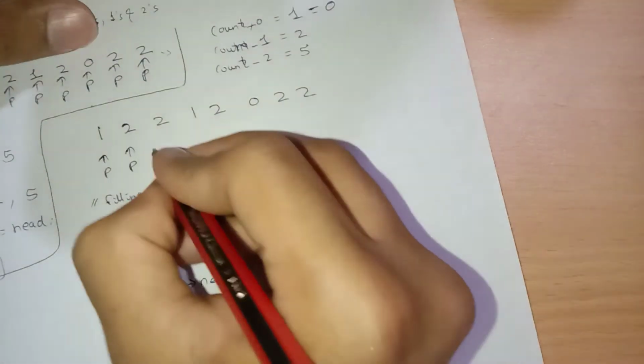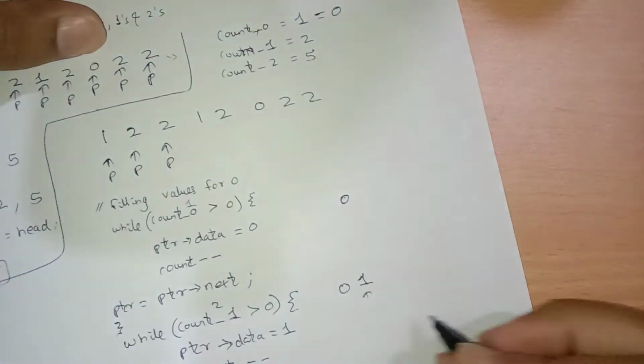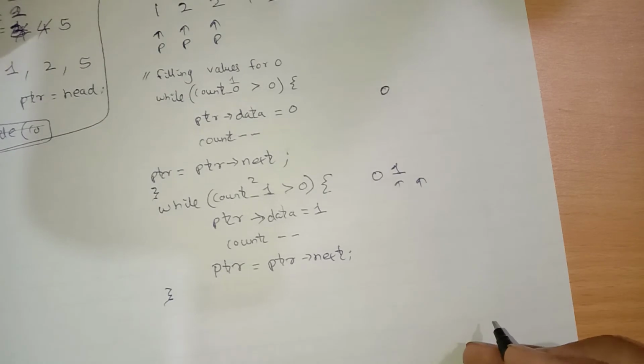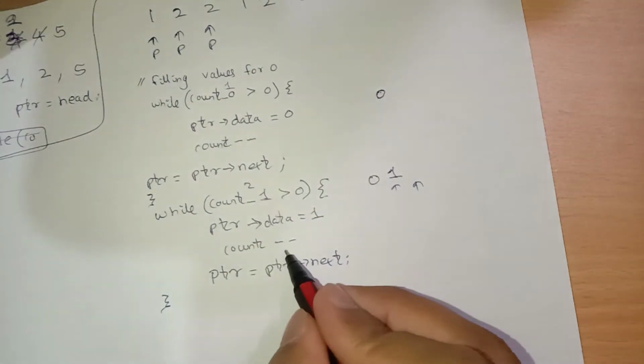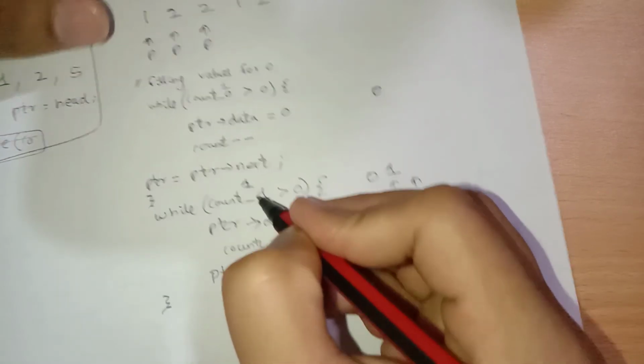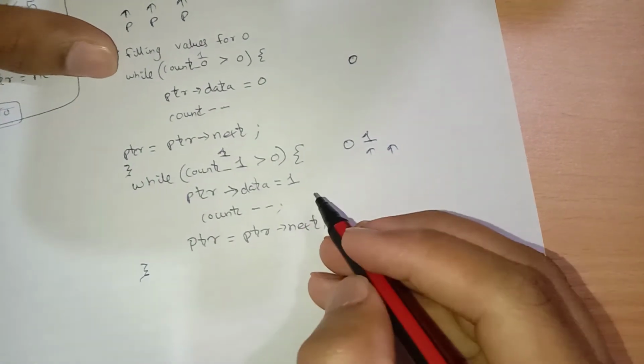So now the pointer goes here, and the count becomes 1 because we have decremented it. We will see whether it satisfies the condition or not.